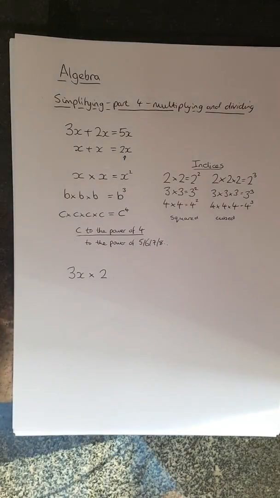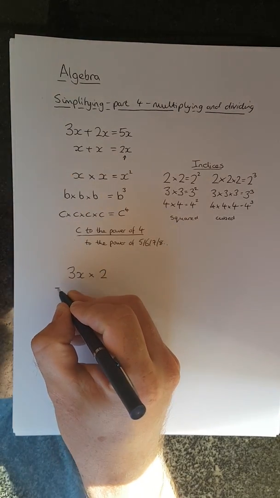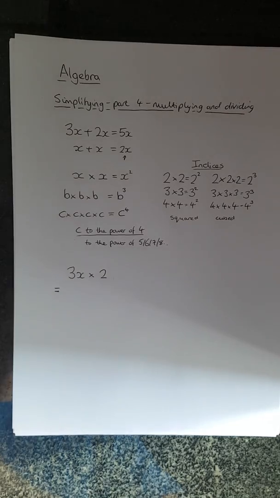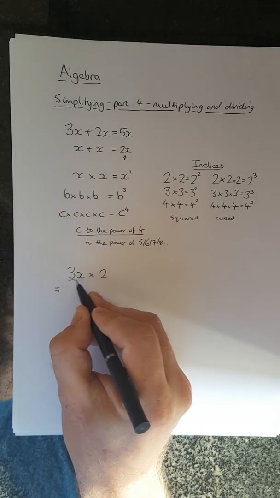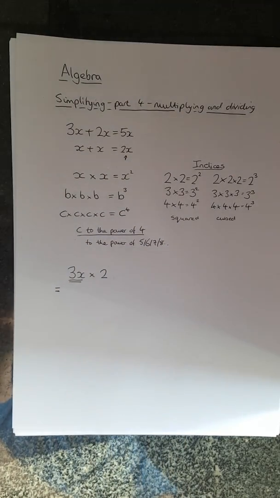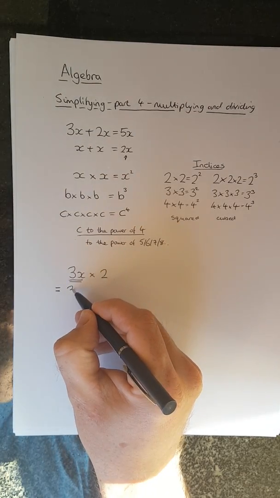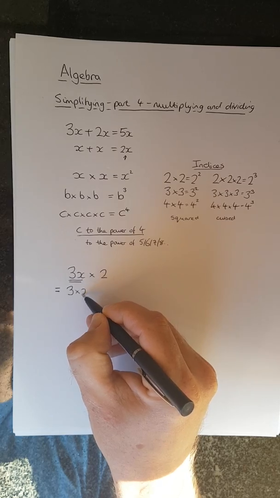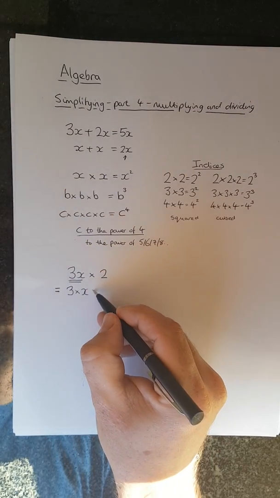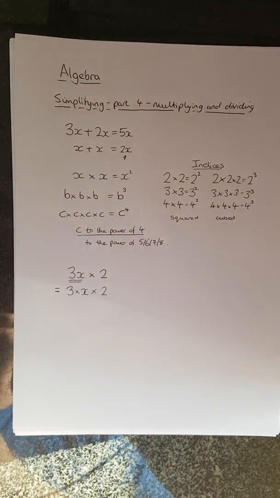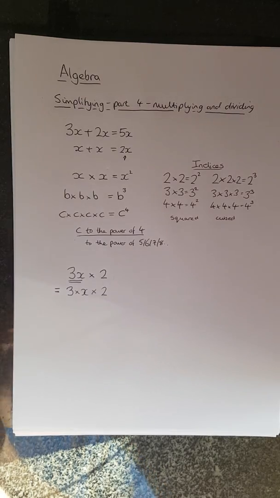Okay. Let's break this up like we did with the adding and subtracting simplify. What does this 3x actually mean? Well, it means 3 times x. And then on the end we've got multiplied by another 2. How do we deal with this?